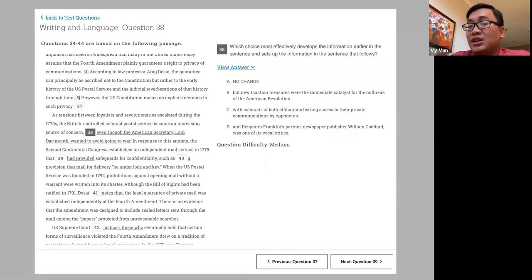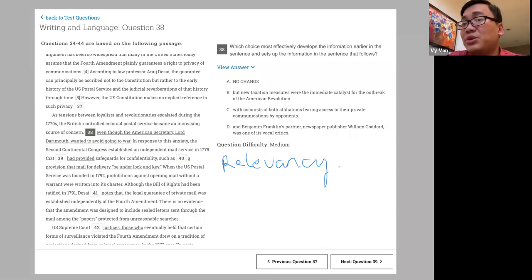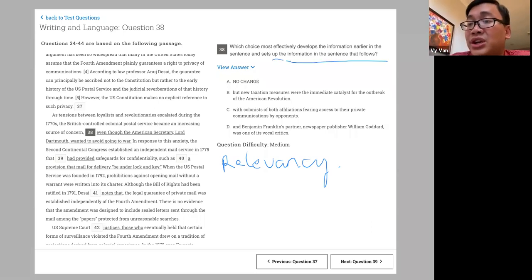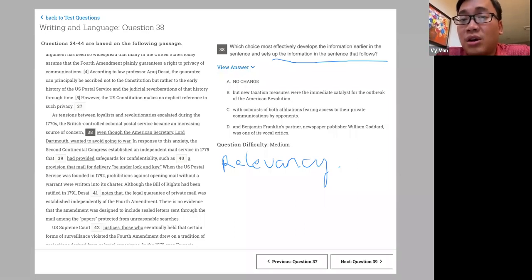So number 38 is a relevancy type question as well. You guys notice there's a lot of relevancy type questions. Again, let's read this. Which choice most effectively develops the information earlier in the sentence and sets up the information in the sentence that follows? So you want to focus on the information earlier and the information in the sentence that follows. Earlier: as tensions between loyalists and revolutionaries escalated during the 1770s, the British-controlled colonial postal service became an increasing source of concern.